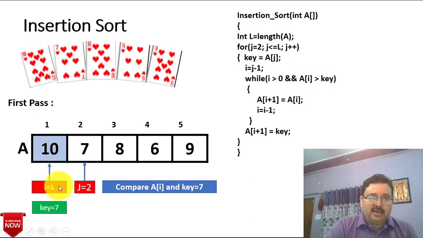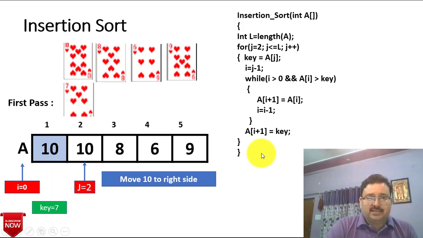If A[i], suppose i is 1, that is 10, compared with the key value, that is 7. If A[i] is greater than 7, it means we have to shift this 10 to the right side. Clear? Otherwise not.